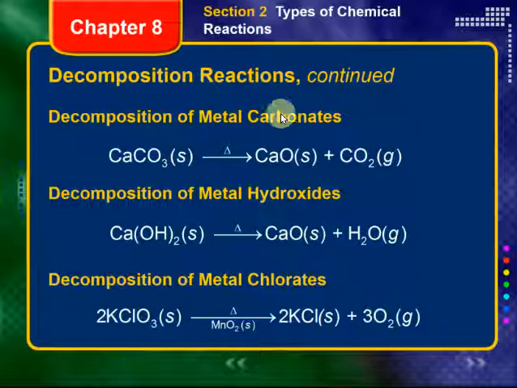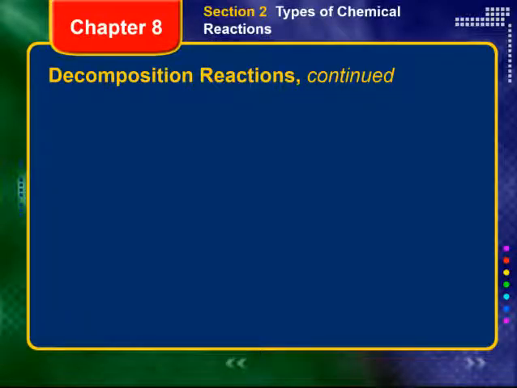So if it's a metal carbonate, it's going to decompose into a particular product and carbon dioxide. Decomposing a metal hydroxide, you're going to produce water also. Decomposition of a chlorate, you're going to have pure oxygen. So that's something to keep an eye out for.